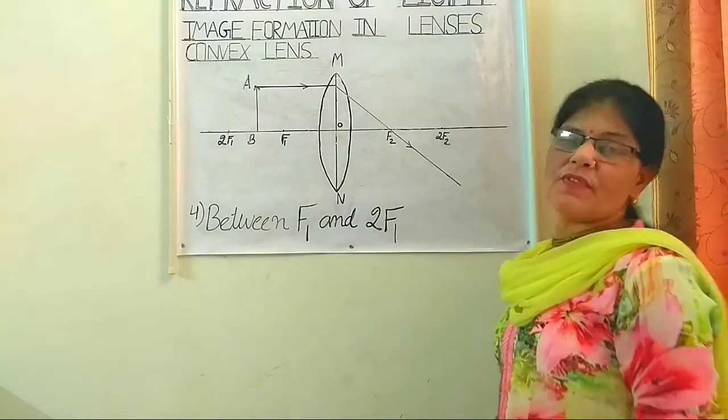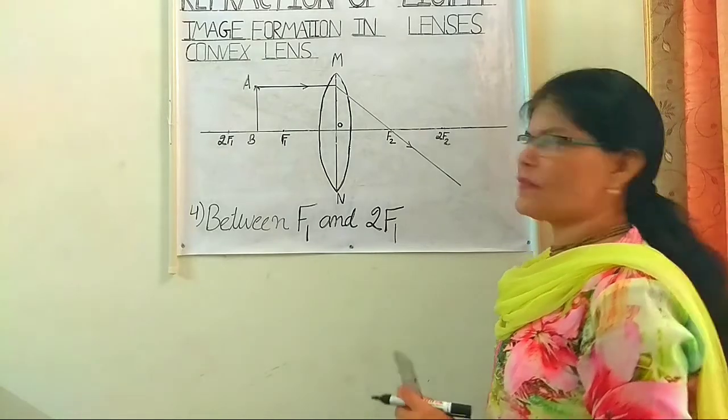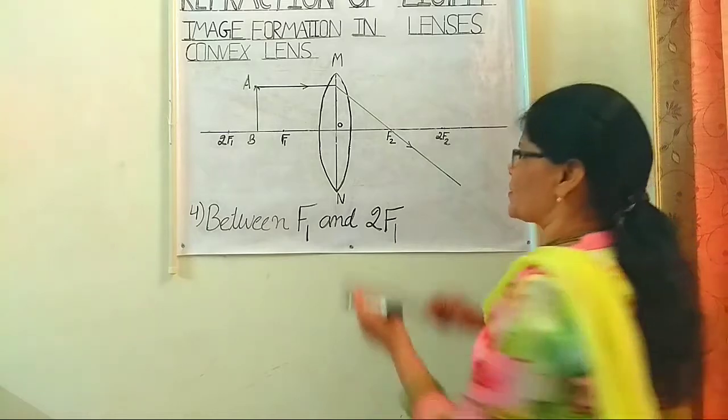Second case we can use is when an incident ray passes through the optical center of the convex lens. Then it will go as it is without any refraction.